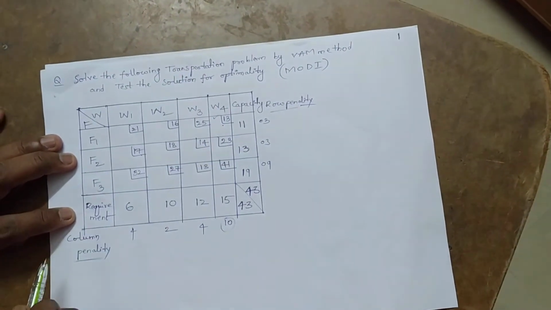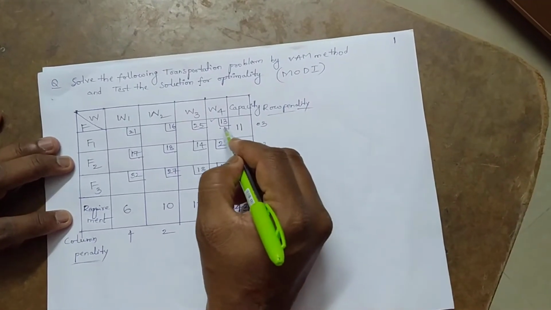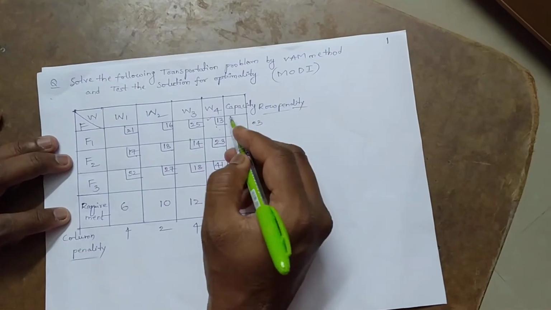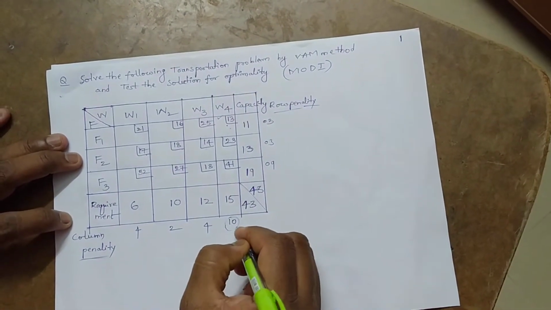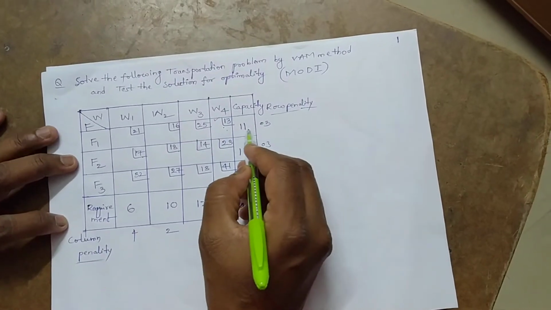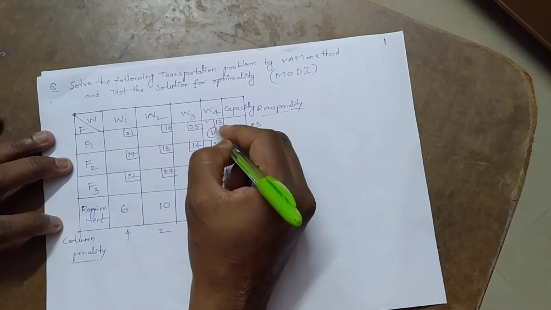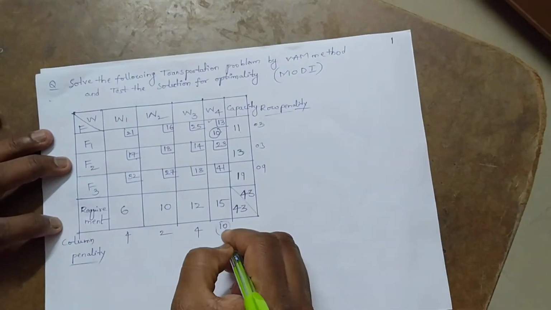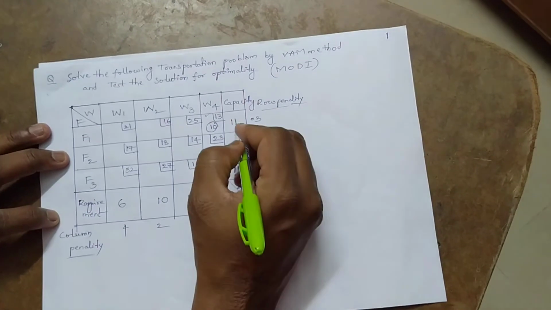So for this particular cell whose cost is 13, the F1 W4 cell, has a requirement of 15 and the capacity is 11.